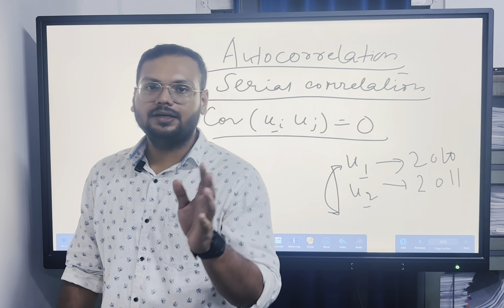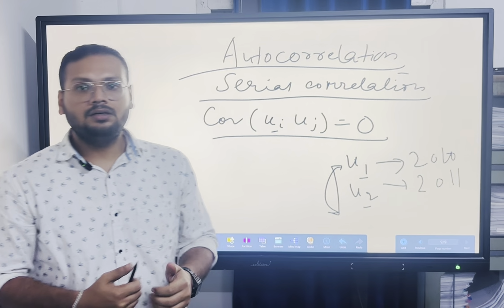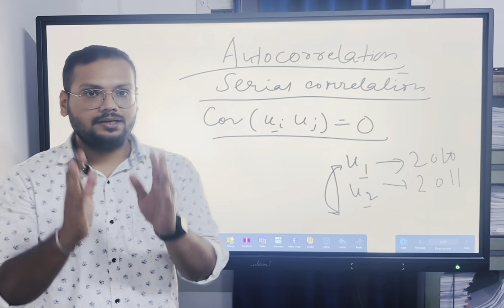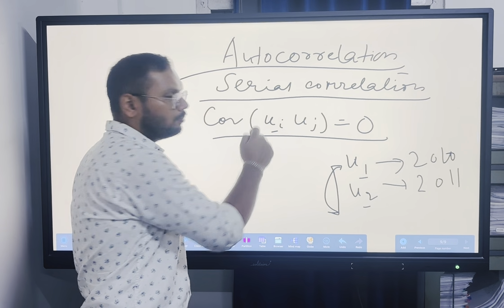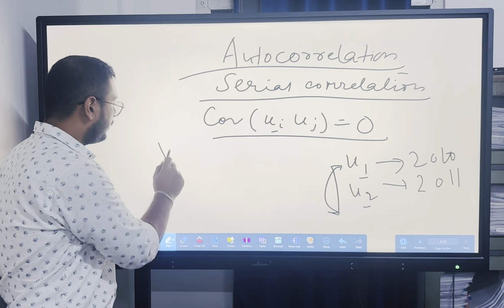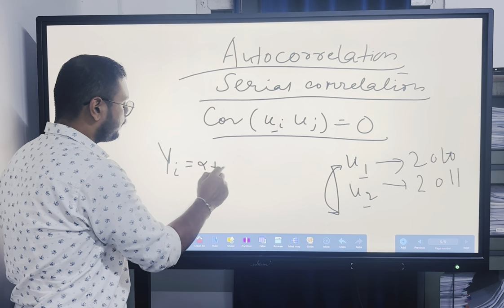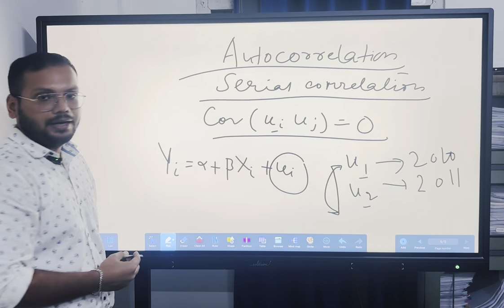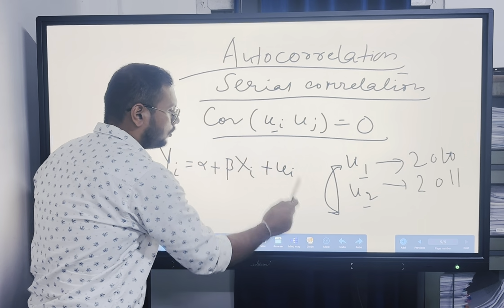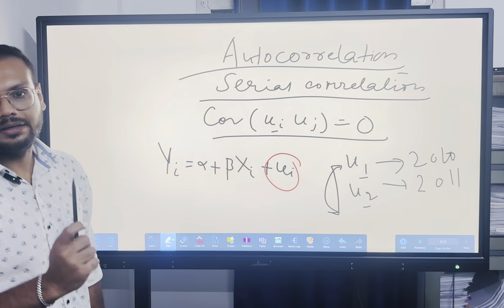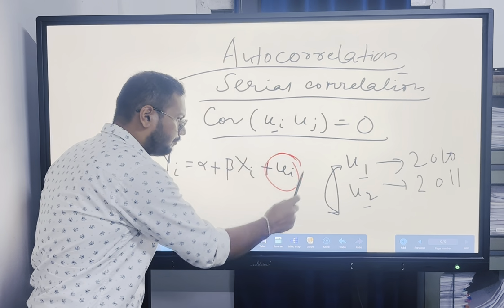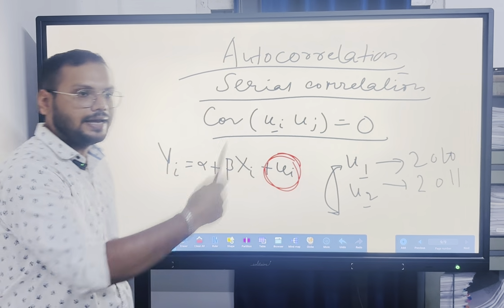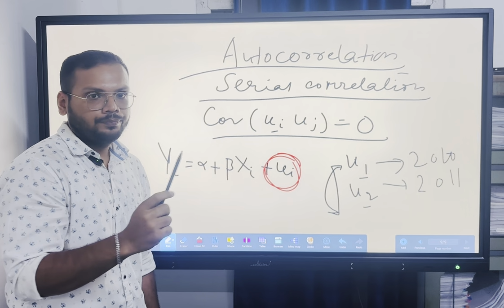And there should be no relationship between the error terms of a model across various time periods or across various models. So this error term should not be related to any other error term at all.